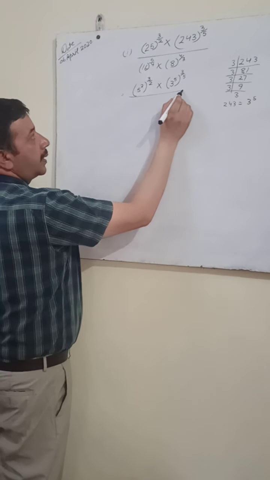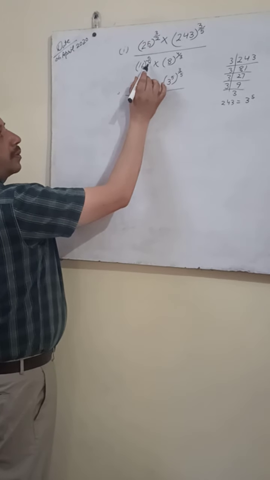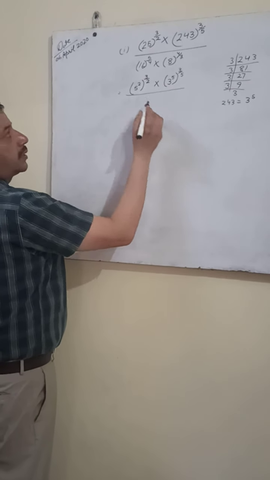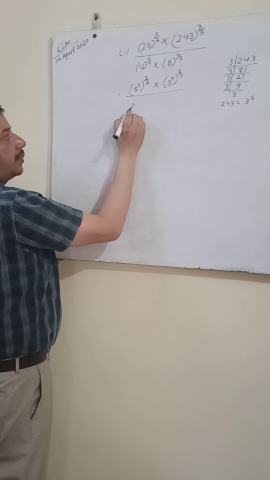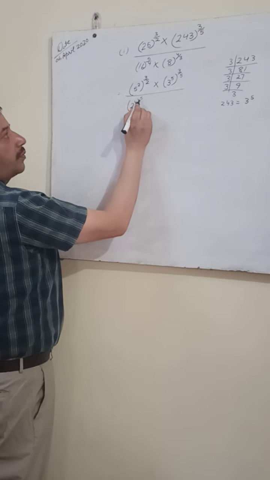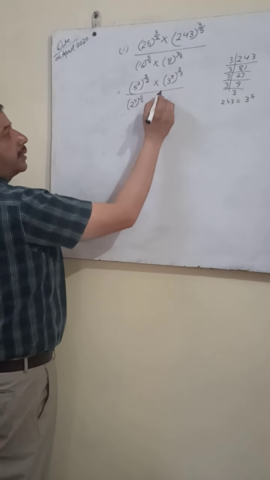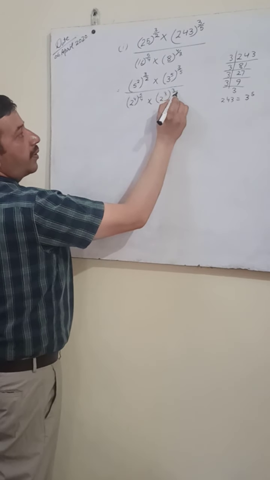Upon here 16, you have to convert 16 in the power of 4. How can we write 16? You can use the factor method or remember that 16 is 2 power 4 whole power 5 upon 4 into 8, 2 power 3 whole power 4 upon 3.